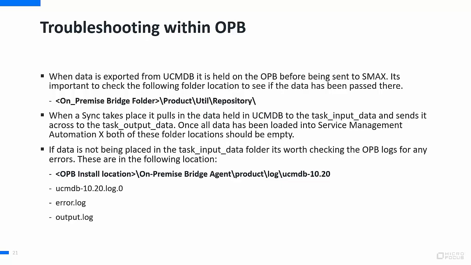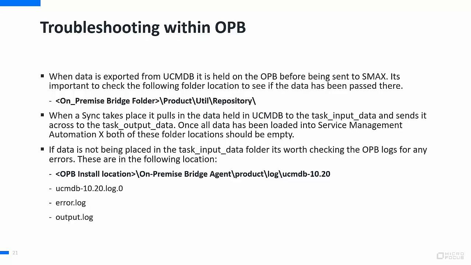If you then look within the actual log folder on the on-premise bridge, there is a folder specifically just for UCMDB, and normally whatever integrations need to be set up, there's a log folder specifically for those.